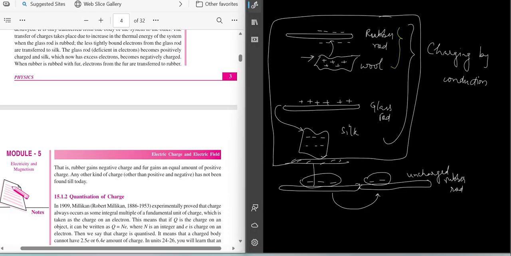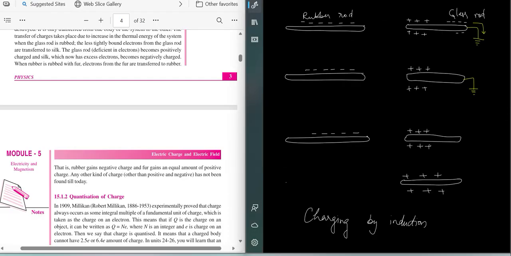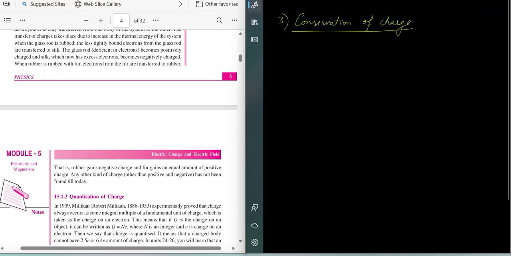Now, the next property after conservation is the quantization of charge. Now, what is quantization?